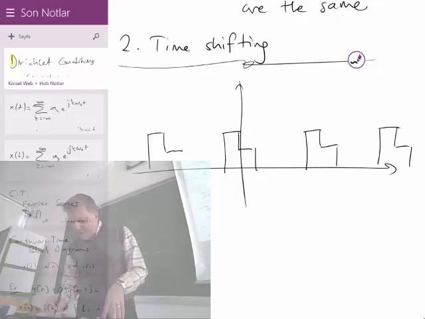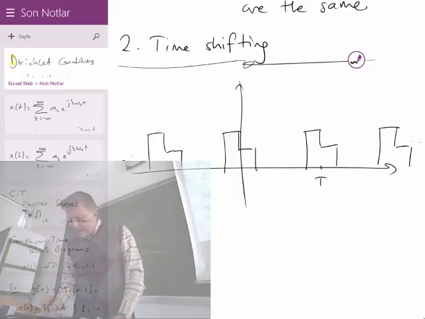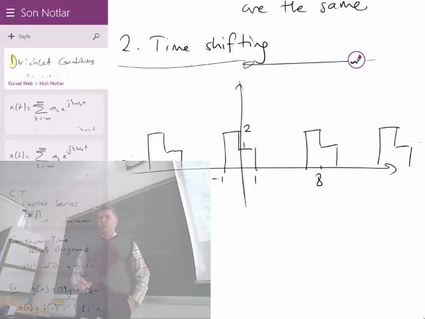Suppose you have a periodic signal given like this, where capital T is something, it's given to you. This value is, let's say, 2, and this value is 1, and let's give a specific value to this. Let's say this is 8, this is -1, and this is 1. What are the Fourier series coefficients?